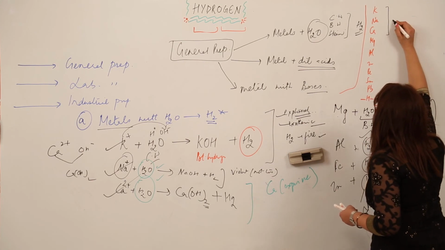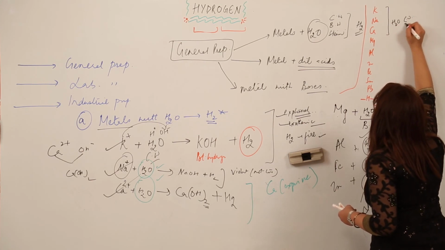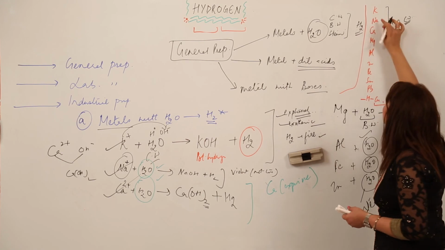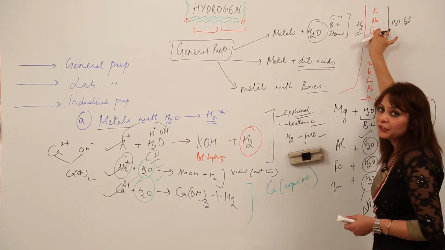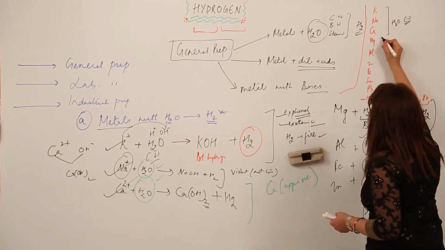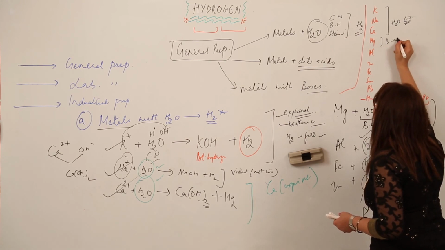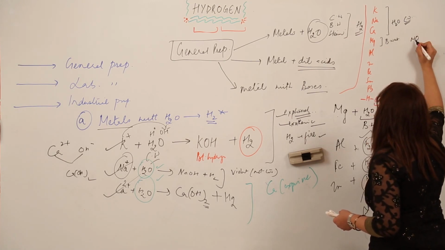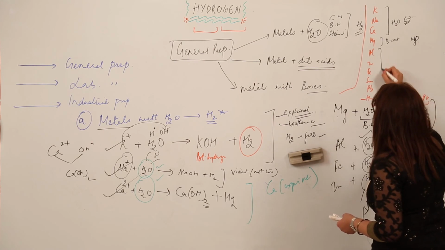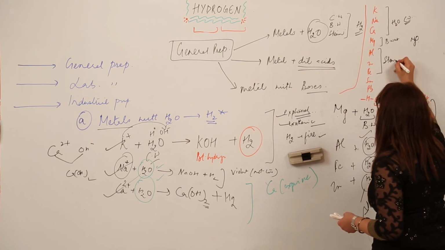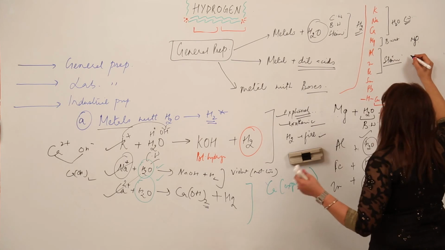So we can cite from the few examples I have given you. Three of them react with water, with cold water, the reaction being violent, less violent, but the calcium is expensive. And magnesium reacts with boiling water, forming its oxide, right? And aluminium, zinc and iron react with steam. When they react with steam, they form their respective oxides.